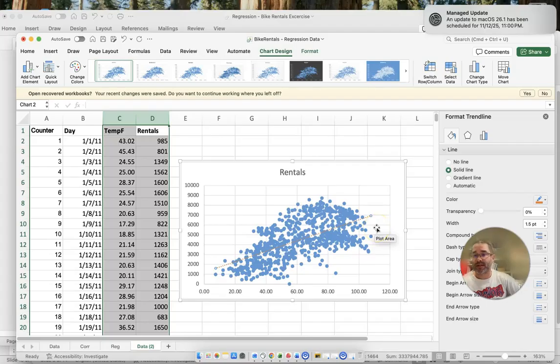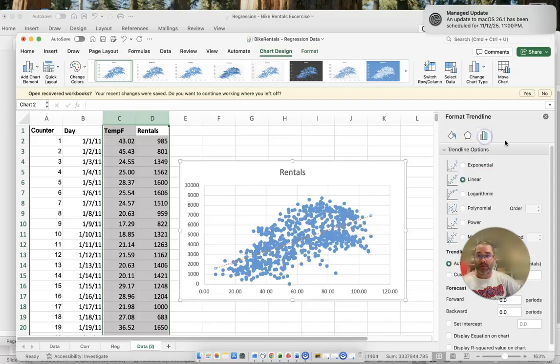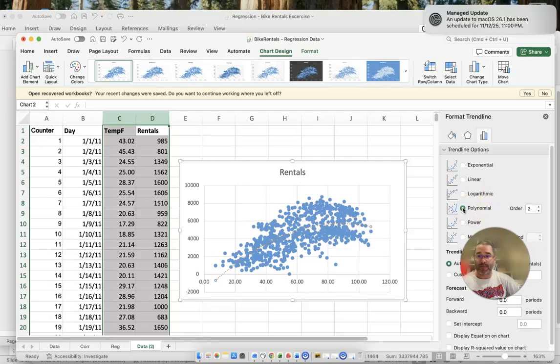And so we can statistically test to see if that is actually a better way to be looking at this data. So if we just change that to a squared version of this, now we see the trend line looks different. Okay, but we haven't statistically tested for that yet.